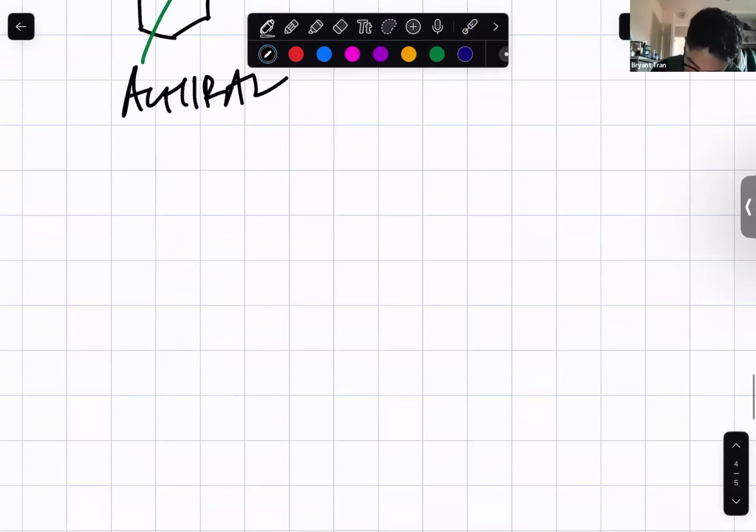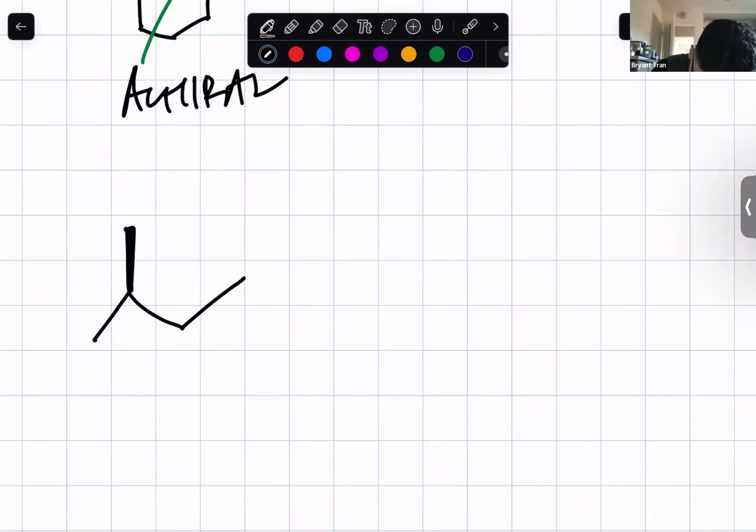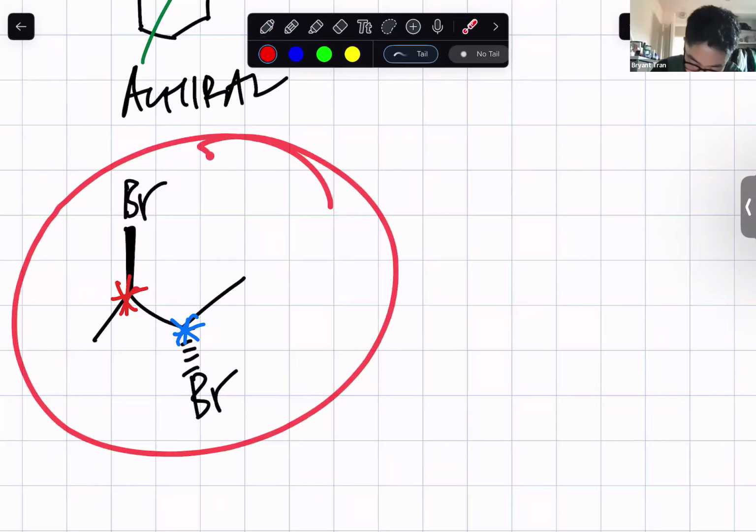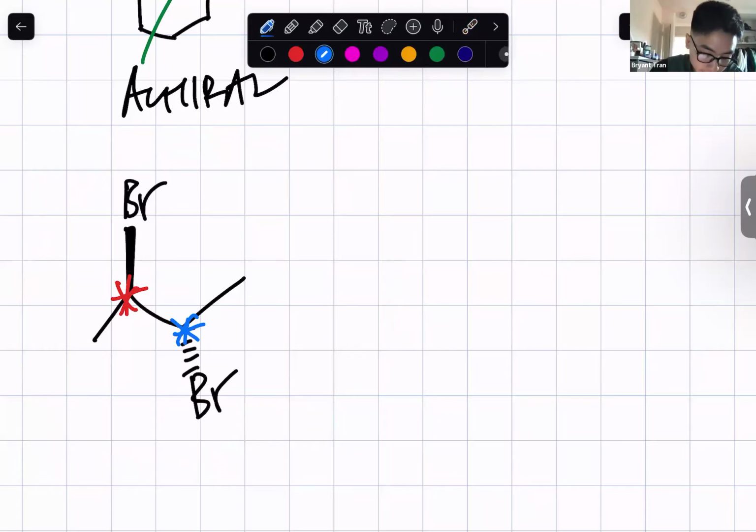Now, it can get more tricky because if you have this structure over here, we do see two chiral centers, one here and another one here. And right now, as it's drawn, we do not see a plane of symmetry, right? Clearly. But we see that there is a single bond right here that can do free rotation.